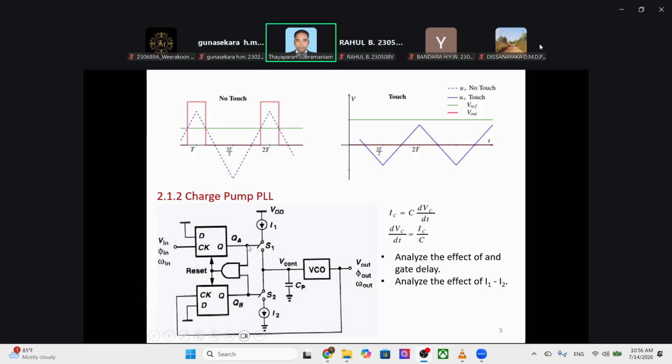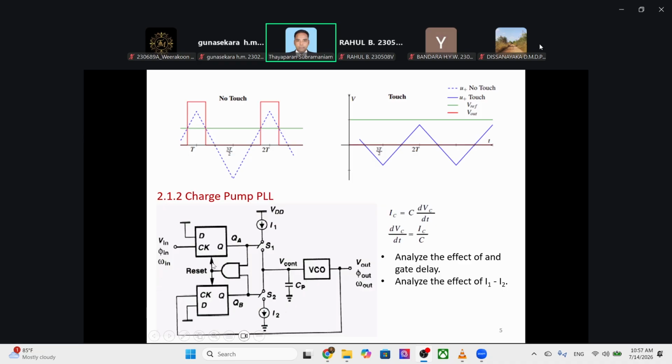What will happen if QA and QB are 1 and not reset? During that gate delay time, QA and QB are both equal to 1, but the reset is not going to be there during the propagation delay of this gate.